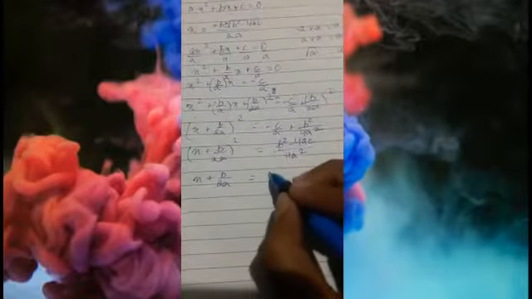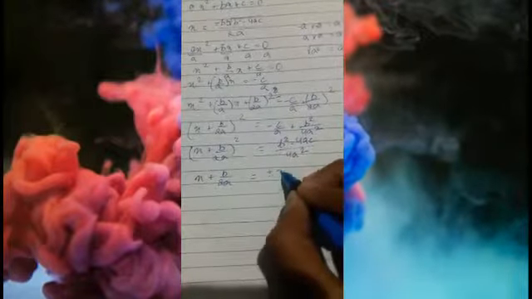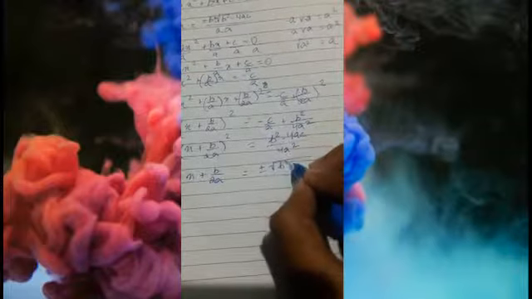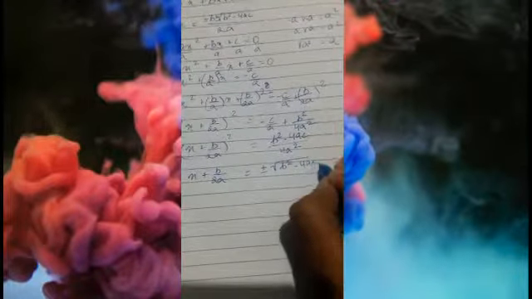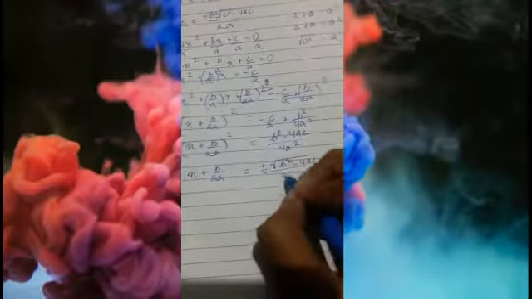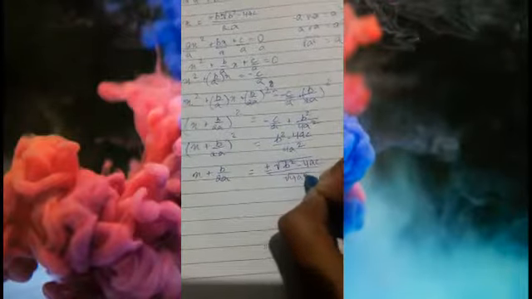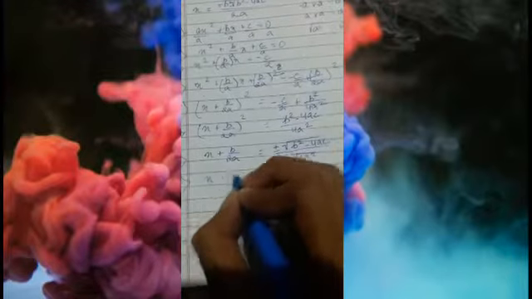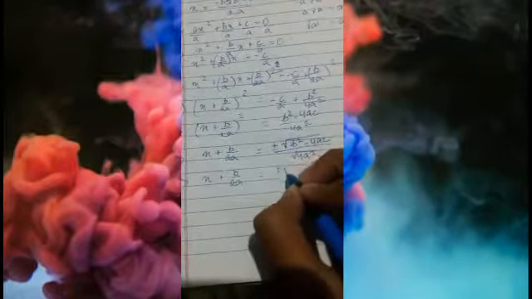So for that we'll change this to plus or minus, with a root over it so that both the plus and minus come together. Then this becomes root over of b square minus 4ac by root over of 4a square.